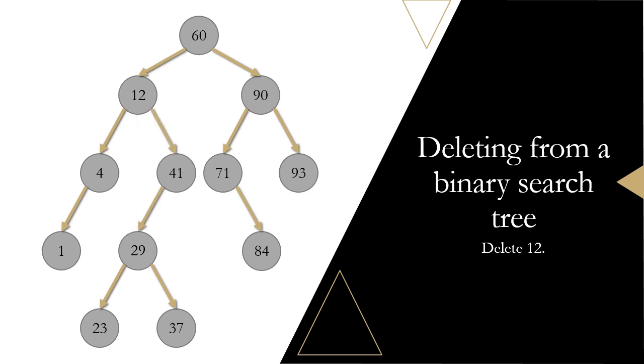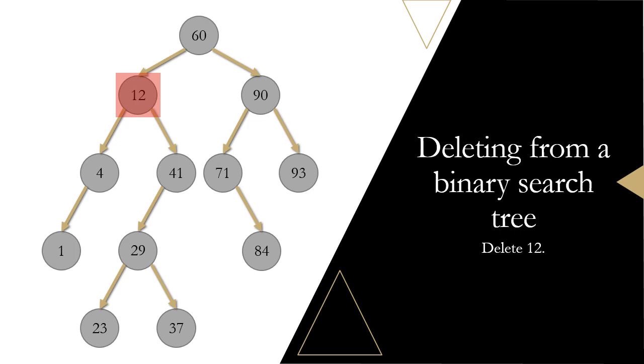Now I want to delete 12. I locate 12 to be here. 12 has two children. Now the strategy of making the parent adopt the orphans will not work here because there are two orphans and the parent can adopt only one child. So now I will locate the logical successor of 12.